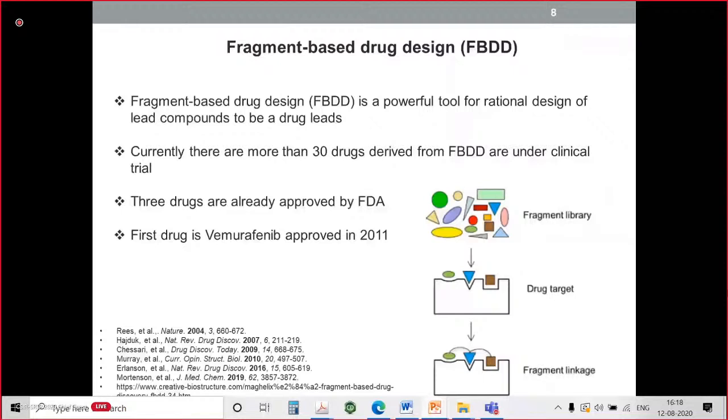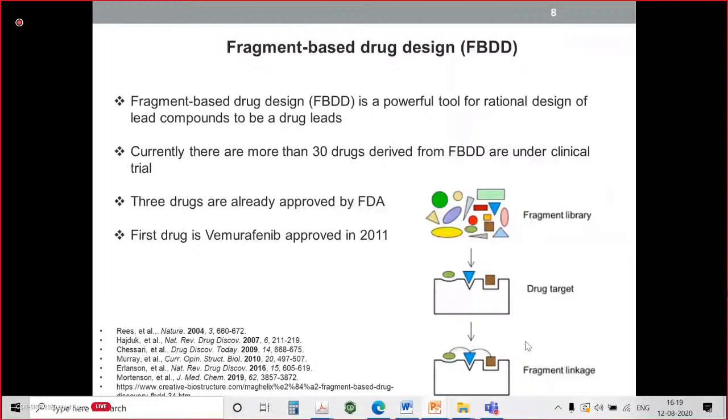Fragment-based drug design, as you can see in this picture, is a very powerful tool and a rational drug design approach. An initial fragment library is used to target the particular protein receptor or drug target. These fragments are optimized at the binding site, and later all these fragments are linked together to give the final structure, the lead molecule.